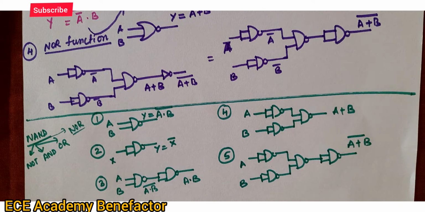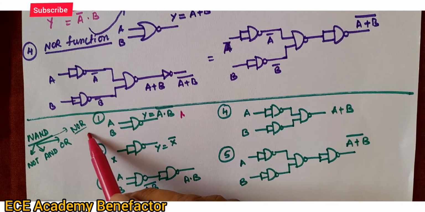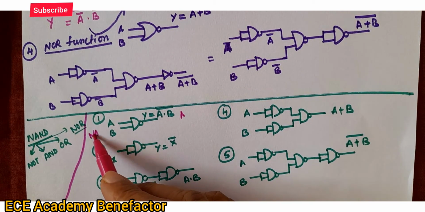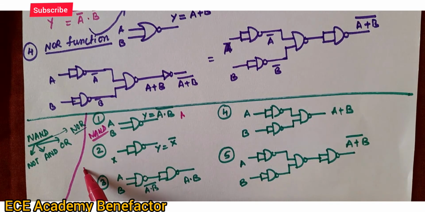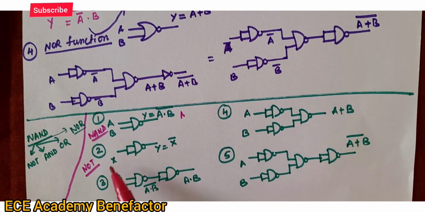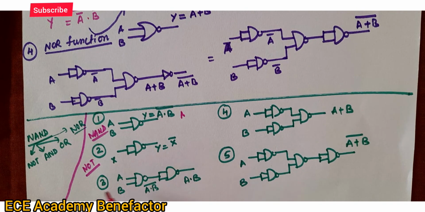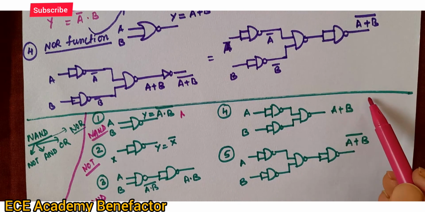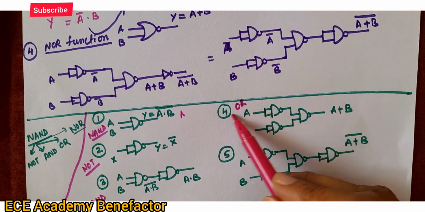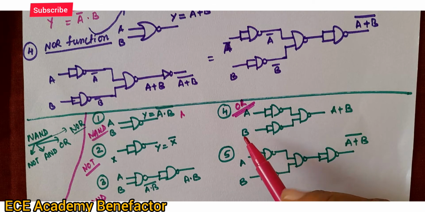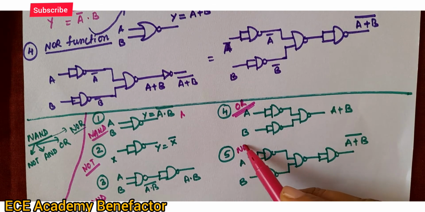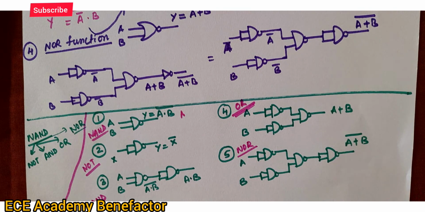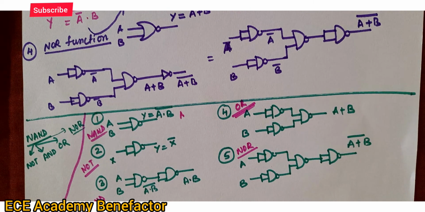Okay. So in this class we have seen the NAND gate and then NOT gate, how the NAND gate can be used as a NOT gate, as an AND gate or AND function, as an OR function, and then how the NAND gate can be used as a NOR function. I hope you have understood the class.